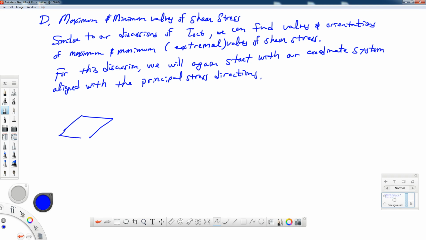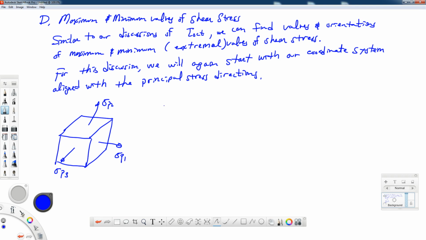Instead of using an arbitrary x, y, and z coordinate system at any particular orientation, we're going to use a 1, 2, and 3 or x, y, and z coordinate system aligned with these principal stress directions. So we can imagine that there's a sigma p1, a sigma p2 and a sigma p3 that we have identified, and we know that they're going to be mutually perpendicular directions because of the eigenvalue problem.